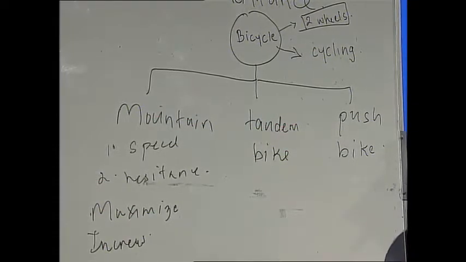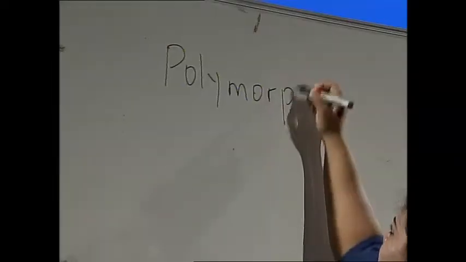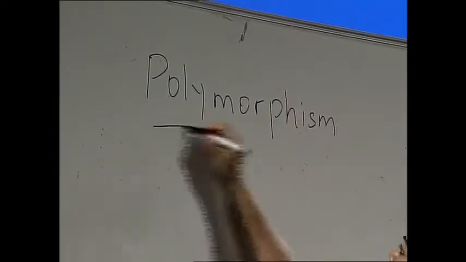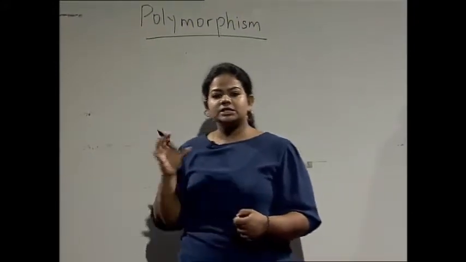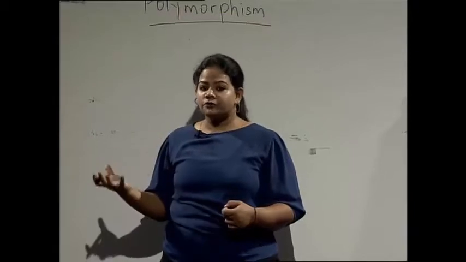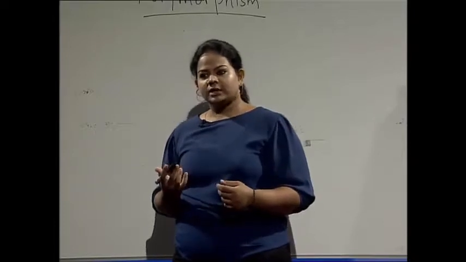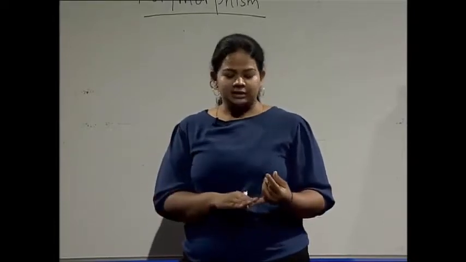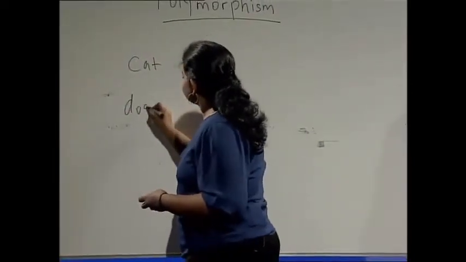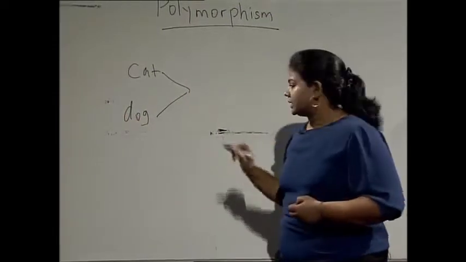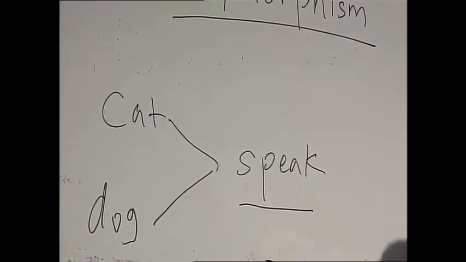Now let's look into the next concept, polymorphism. The definition of this is that a task can be performed in many ways. Let me give you an example. Think of an animal example. Say you have a cat and a dog, and imagine they share the same method name, speak.